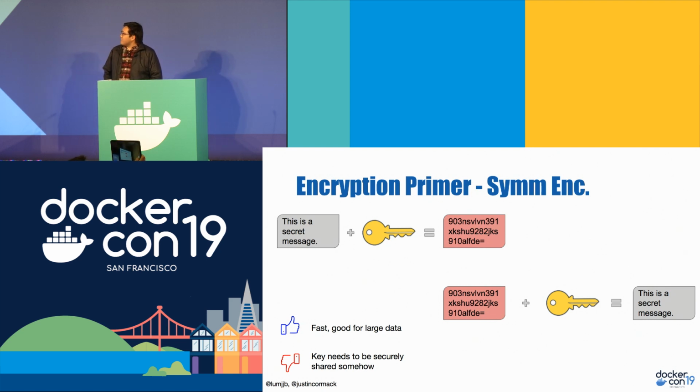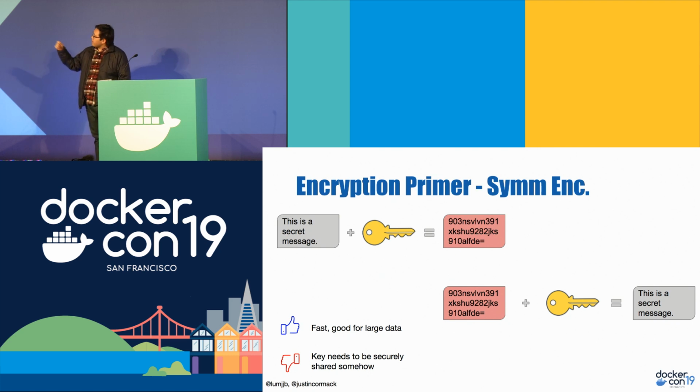The idea in symmetric encryption is really simple. We have a message that we feel is sensitive, for example, this is my secret message in gray. To encrypt it, we generate a key, which is the yellow key, and we use that key to encrypt the secret text. What we end up with is the ciphertext in the red box. In order to decrypt this, I send it to someone, and they can use the key that was initially generated to decrypt the ciphertext, right?